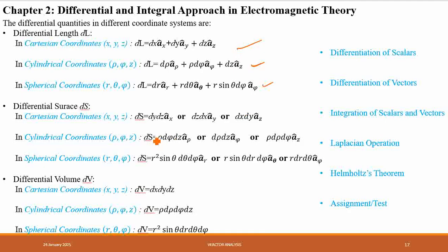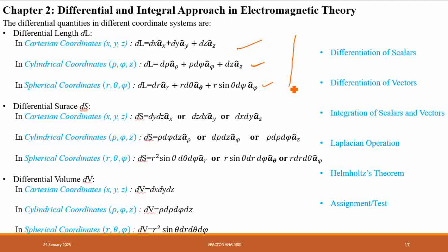The differential surface, which is represented by ds, is a small surface. We can represent it in all three coordinates, and differential volume we can represent in all three coordinate systems.